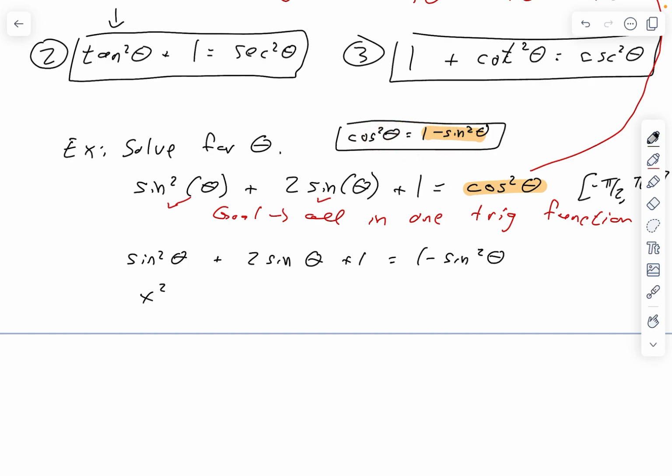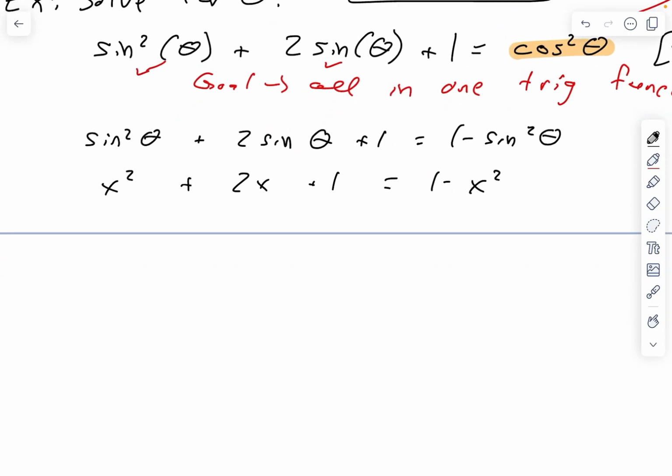Okay, so now that I have everything in terms of sine, I replace all the sines with x's, and I follow the same procedure as we had last class. I'm going to do this a little quicker since you can pause the video. I have 2x squared by moving the x squared over. My 1's cancel, so I get 2x squared plus 2x equals 0. So I moved over the x squared, moved over the 1.